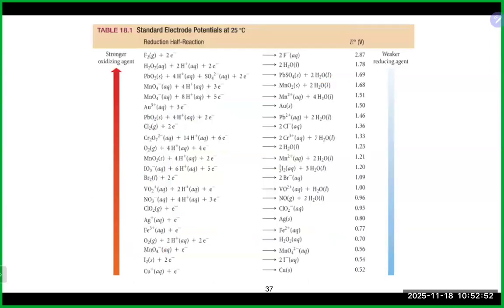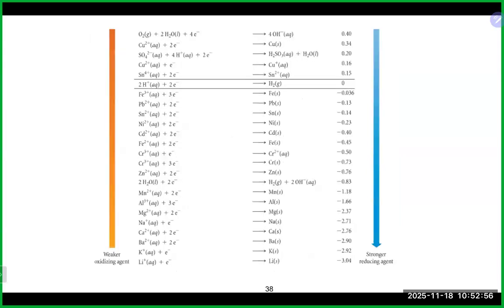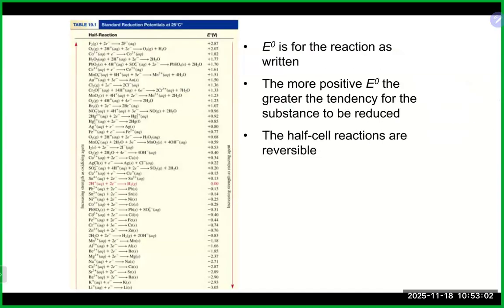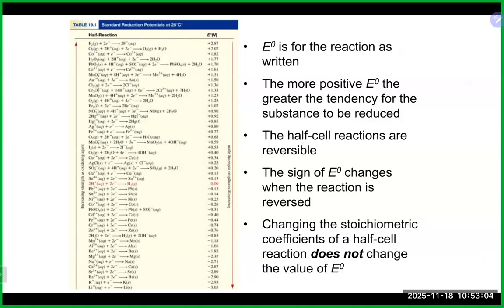Here is a table that has all the SRP values in it, and it's usually one that you have to look up. Let's talk a little bit about some of the things that you would use when you go to this table. First off, the E that you see for the reaction is for it as it is written.